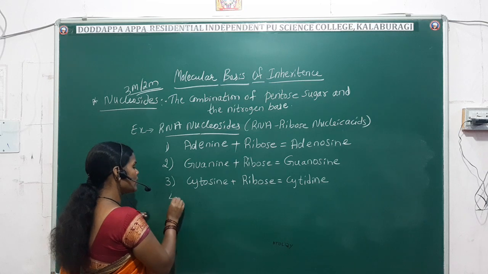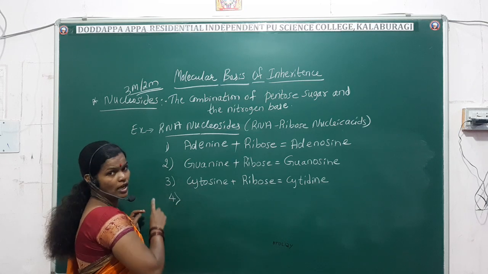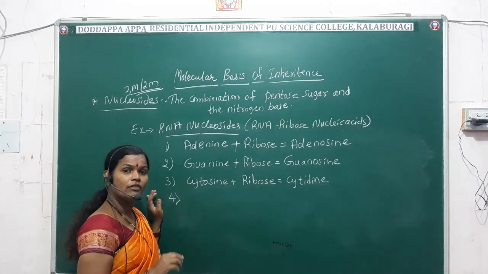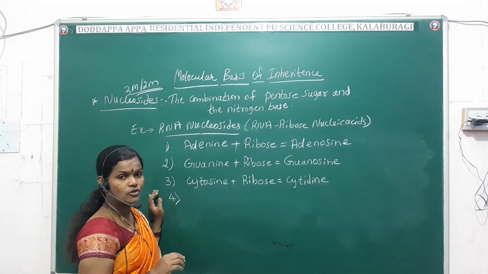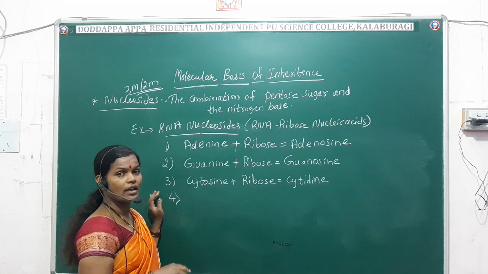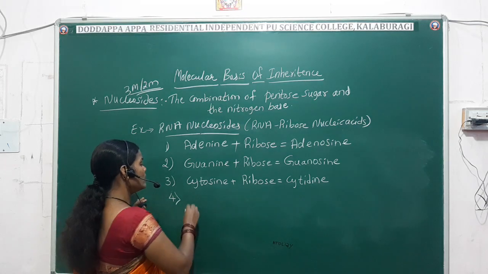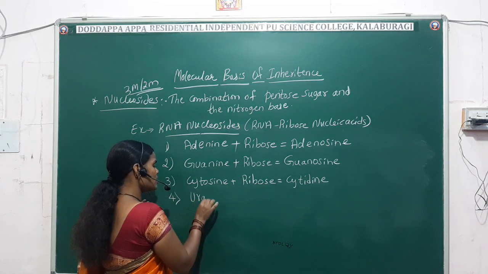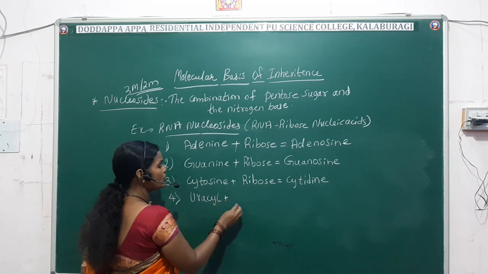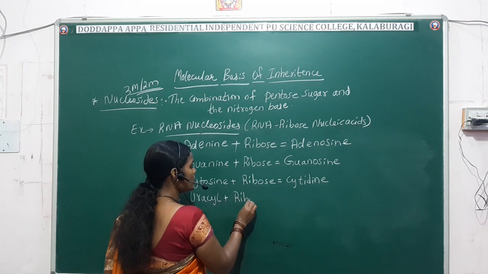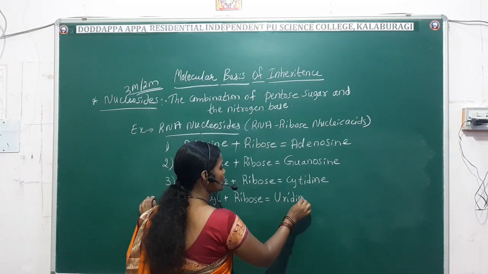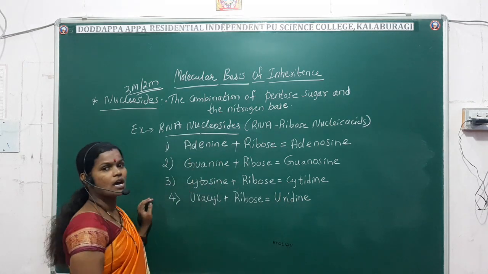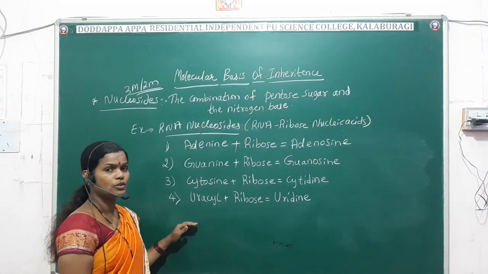Then the fourth one: instead of thymine, which in the DNA we have seen as the nitrogen base, in the RNA we are going to see uracil. Uracil plus ribose is equal to uridine.